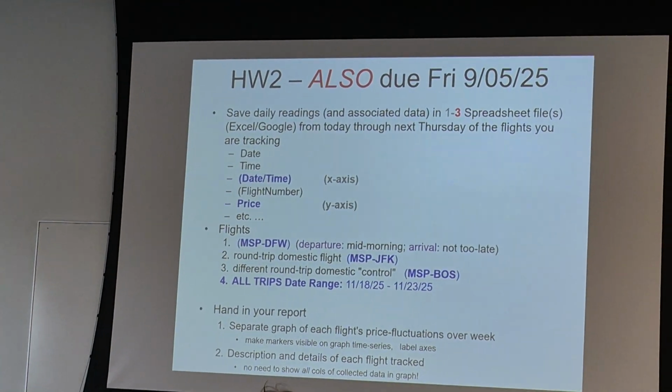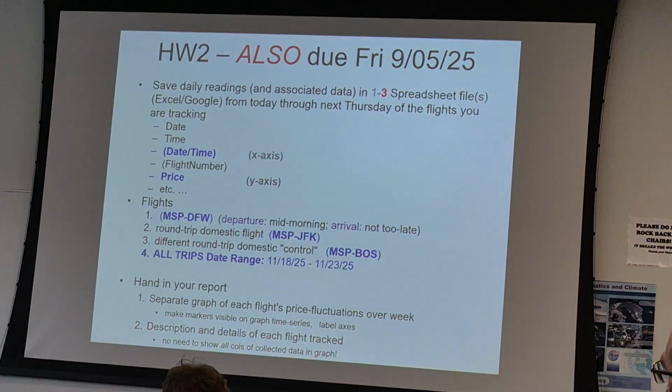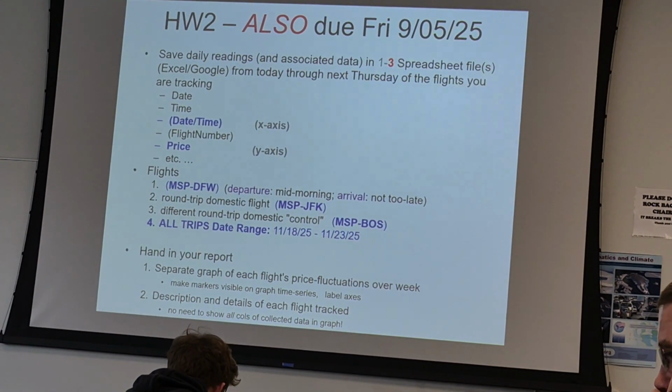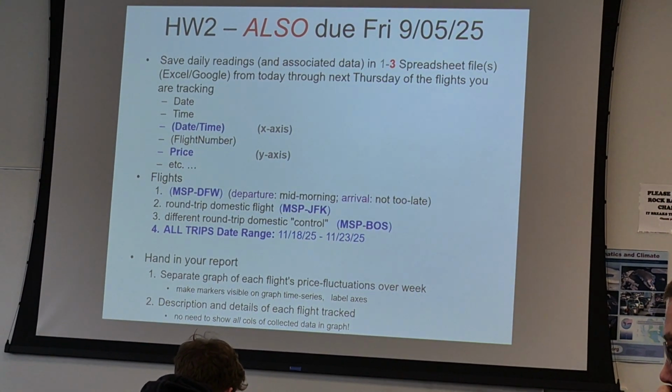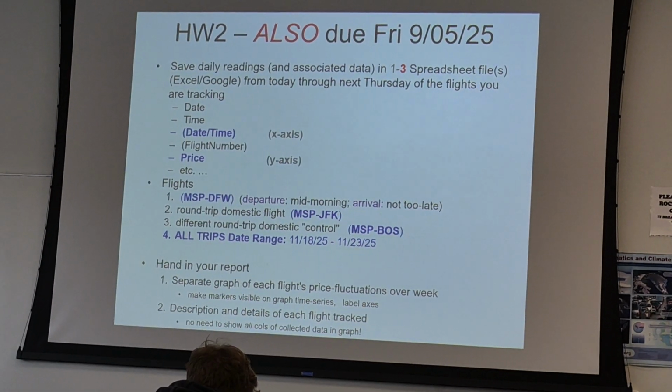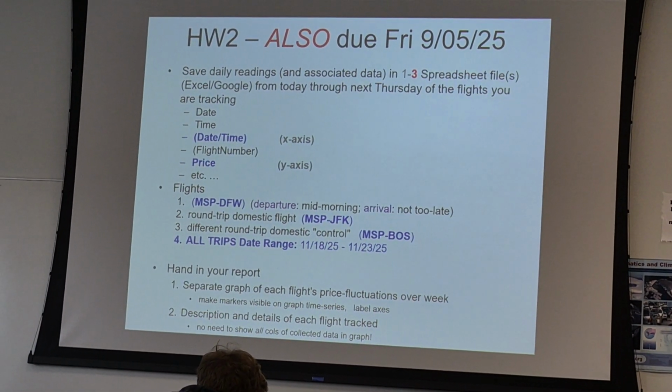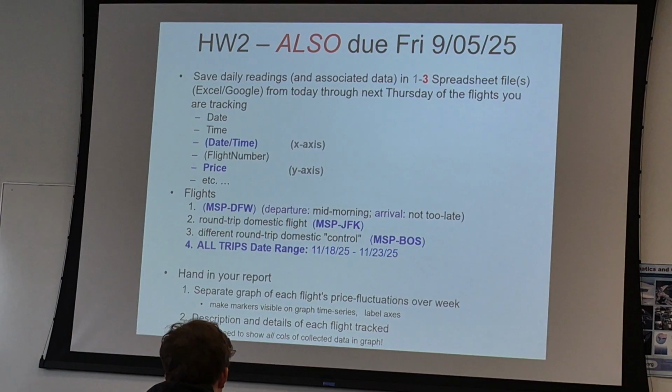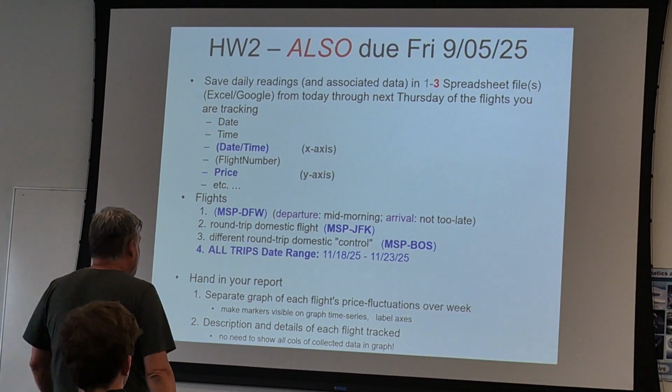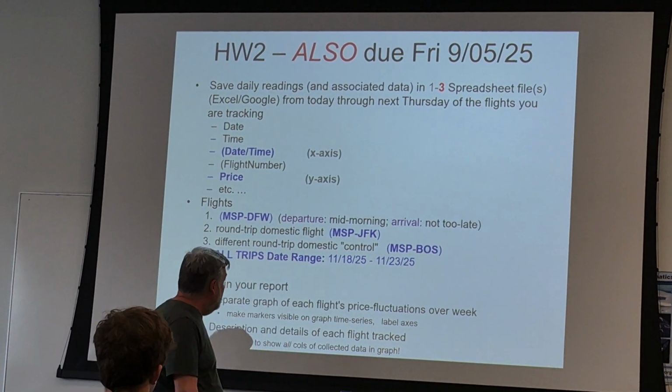That's exactly why I'm beating this dead horse and going over the details of these homeworks and making sure, hopefully, that the details I have on the slide aren't contradicting the details that I had in the Google Doc.